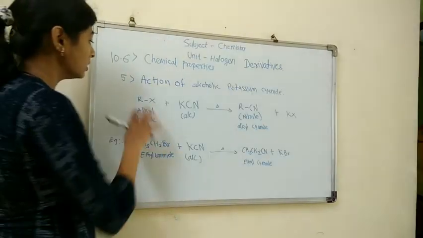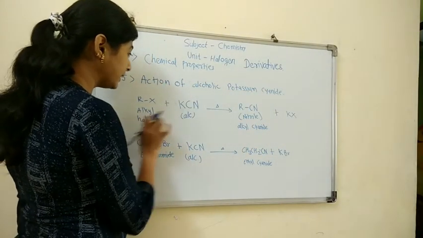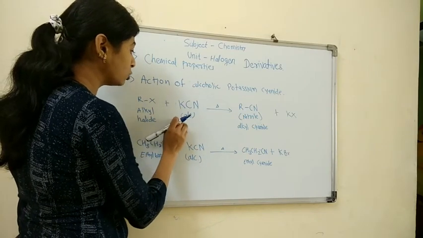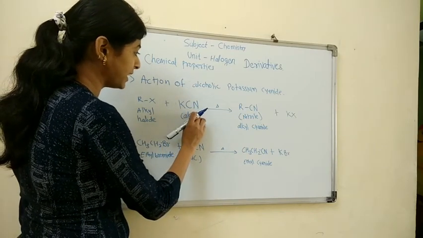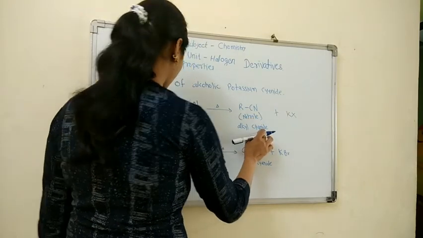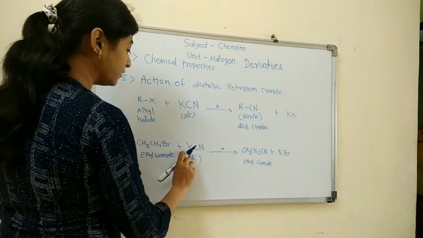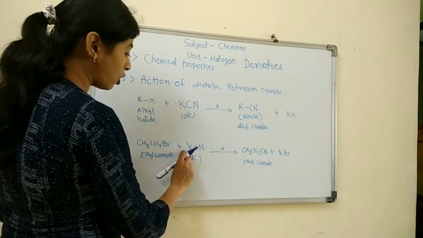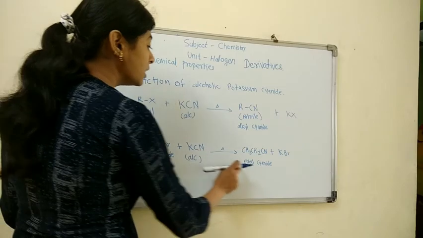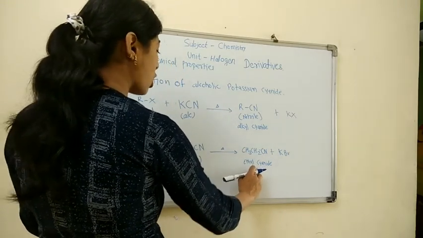Next is action of alcoholic potassium cyanide. When alkyl halide is boiled with alcoholic potassium cyanide, then nitrile or alkyl cyanide is formed. For example, when ethyl bromide is boiled with alcoholic solution of potassium cyanide, then ethyl cyanide is obtained.